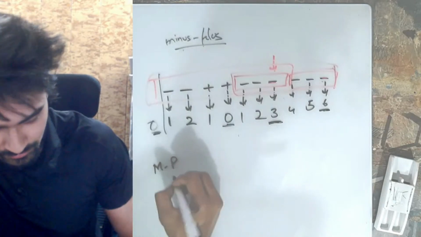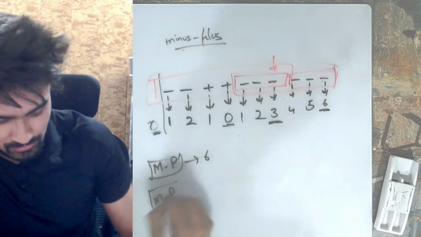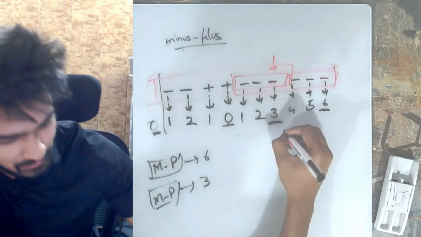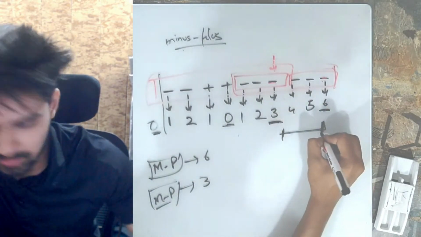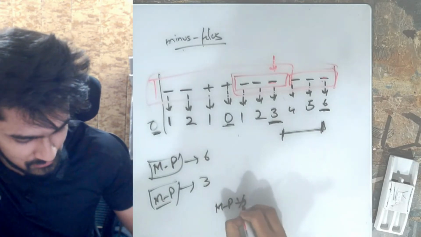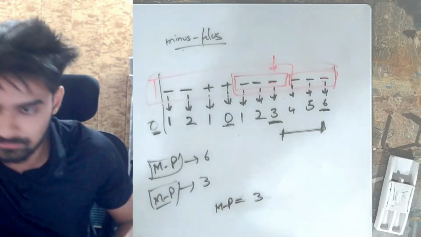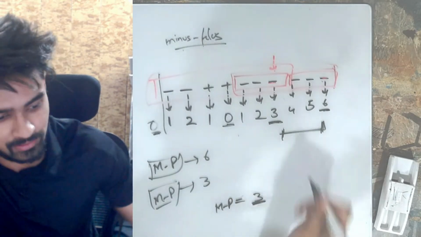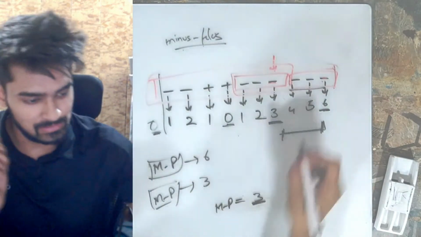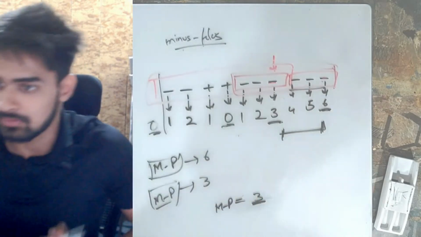M minus p till this index is 6, and m minus p till this index is 3. That means in this total also we had m minus p equal to 3, and since this was equal to 3, we can say that this is also a right subarray. So basically this 6 will have answers from this 3, this 0, and this 0.